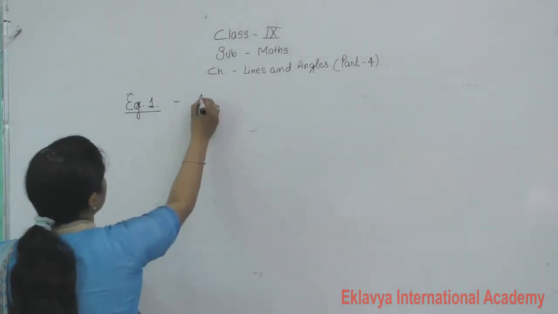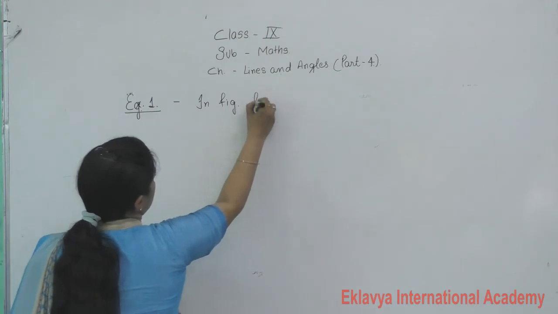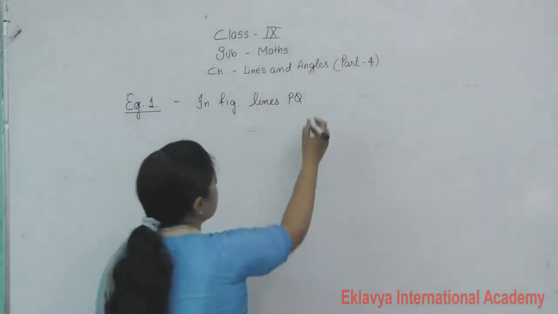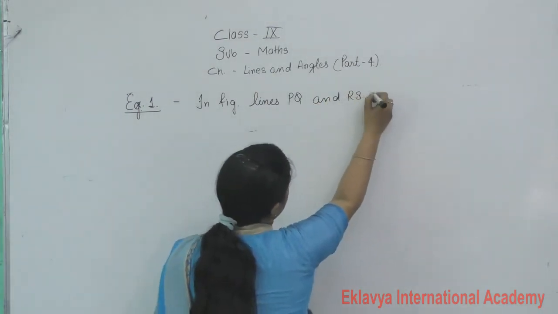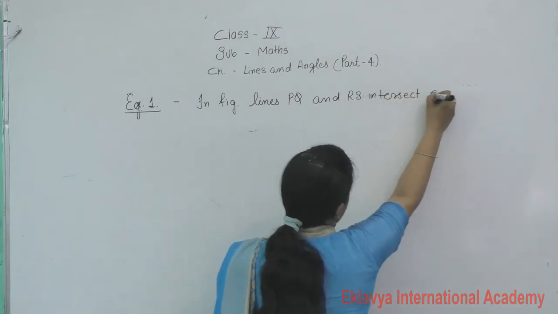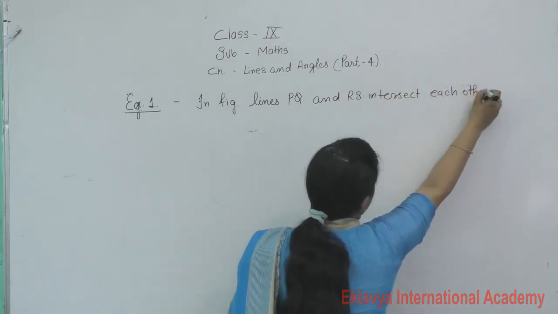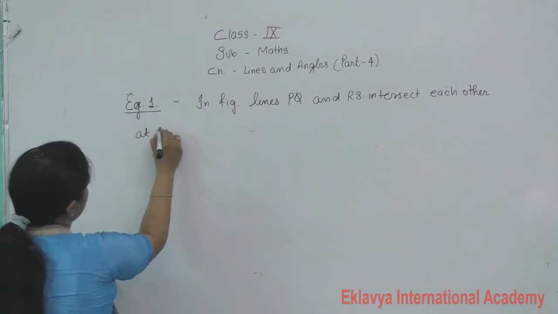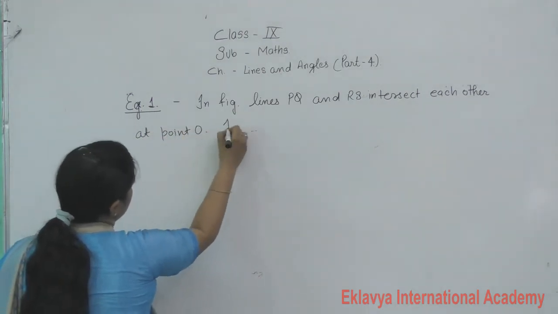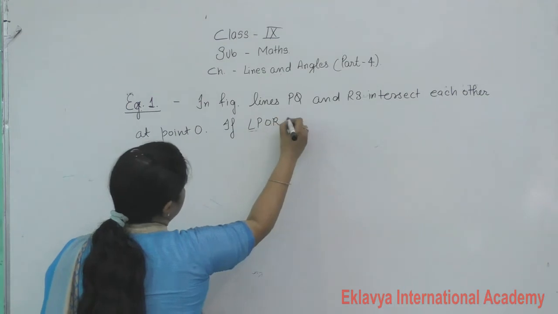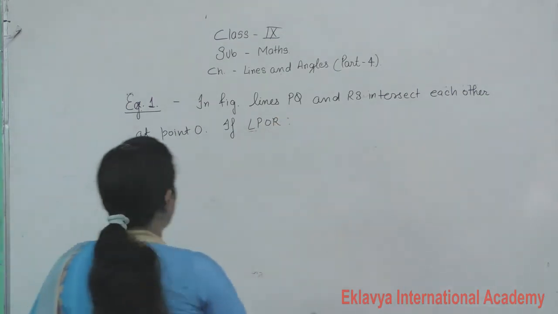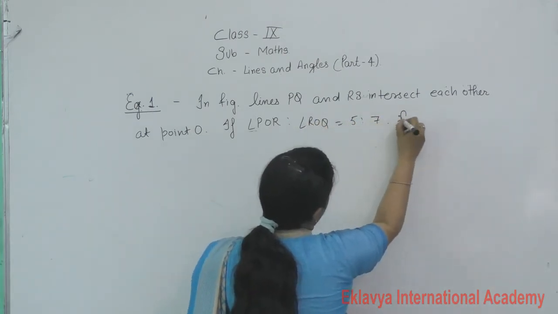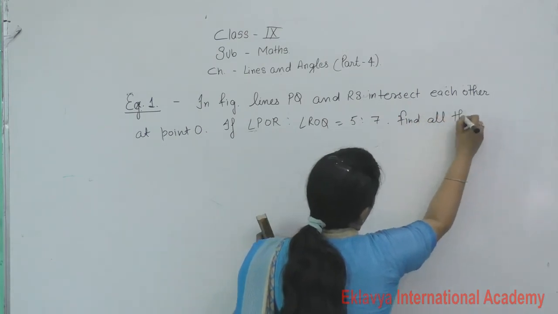In the figure, lines PQ and RS intersect each other at point O. If angle POR and angle ROQ are in the ratio 5:7, find all the angles.